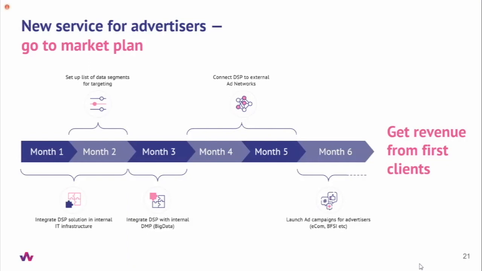And then you just need to launch advertising campaigns, and in 6 or 7 months, less than 12 months, you can get a new revenue stream, new marketing budgets from external advertisers. They would pay you, and they would buy your inventory with your data segments for targeting, for launching and managing their digital advertising campaigns.